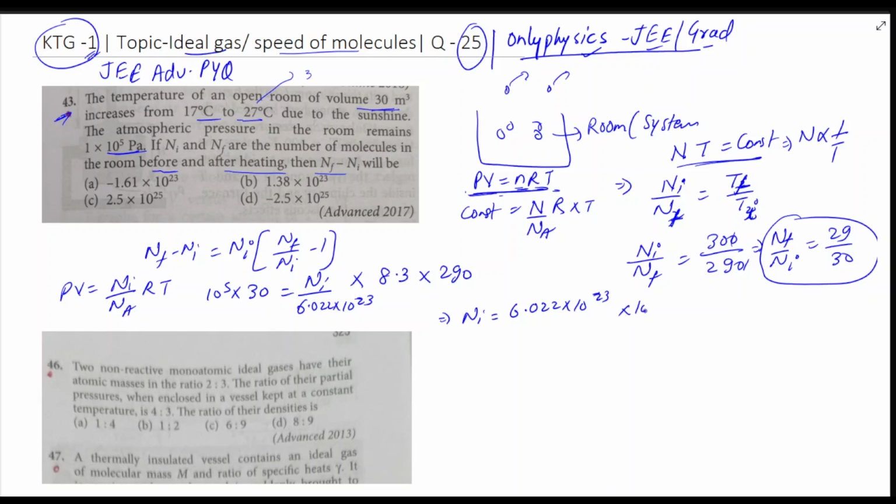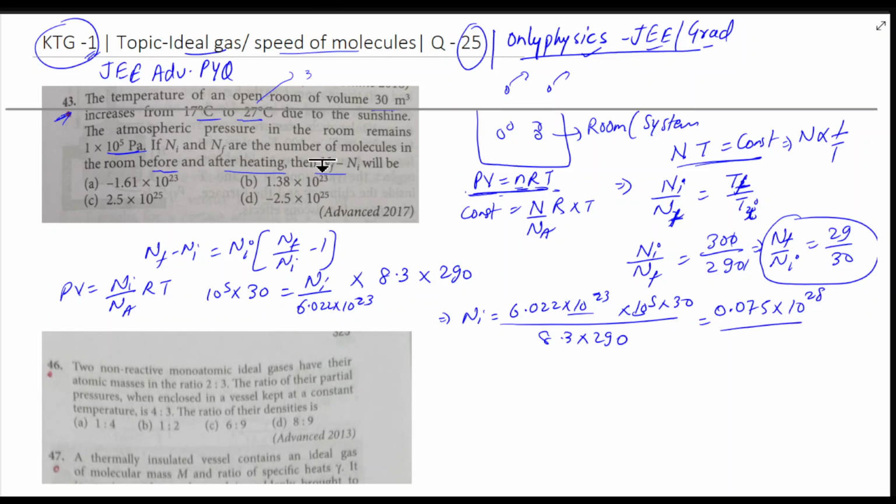Let me use the calculator really fast: into 30 divided by 8.3 divided by 290. So this will be 0.075 into 10 raised to the power 28.